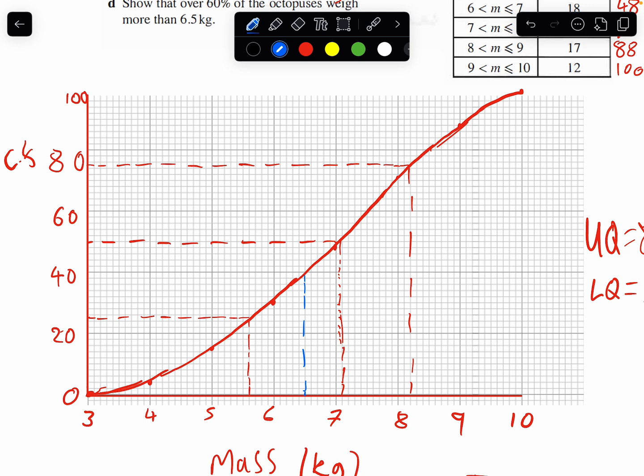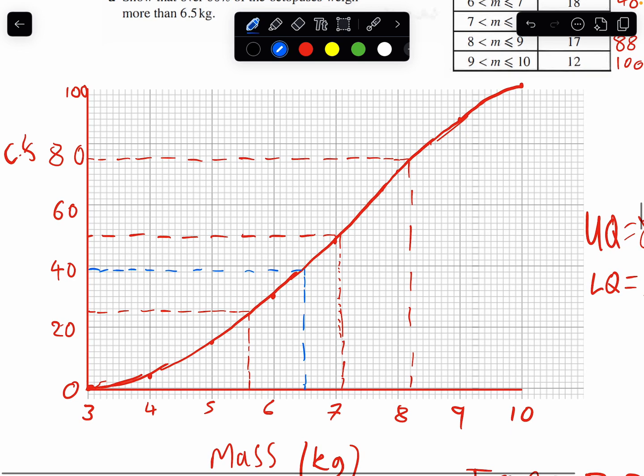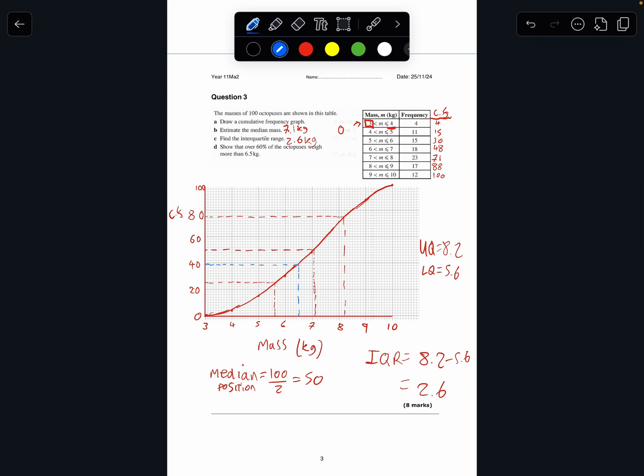Which appears to be around 39, I want to say, because it's halfway between the squares. Remember, this 39 means that 39 octopuses are less than 6.5 kilograms.